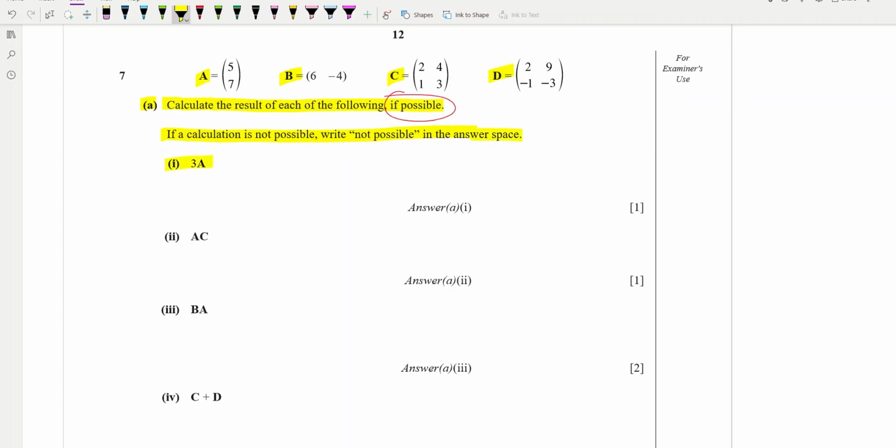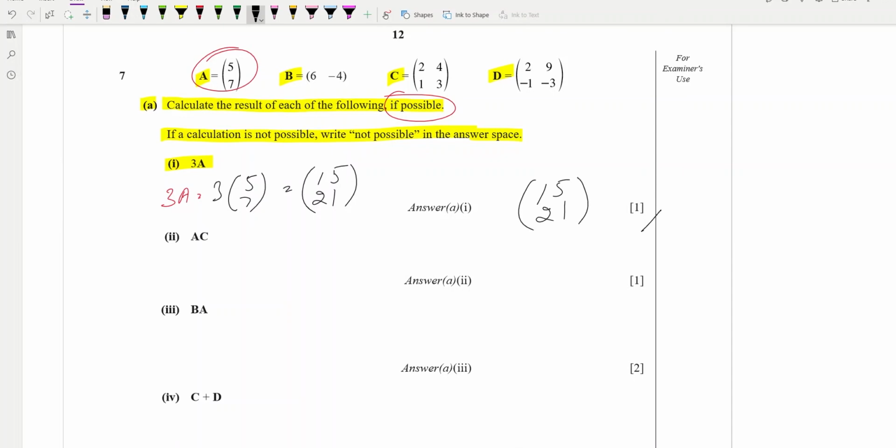So 3A is possible, we can multiply. So 3A will be equal to 3 into 5 and 7. We will multiply each and every term by 3, so it will be 15 and 21. This will be a 1 mark answer.